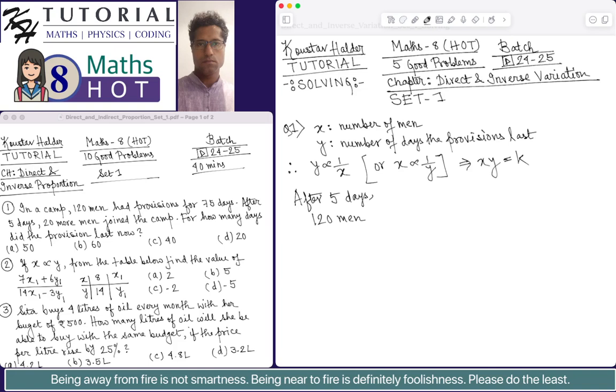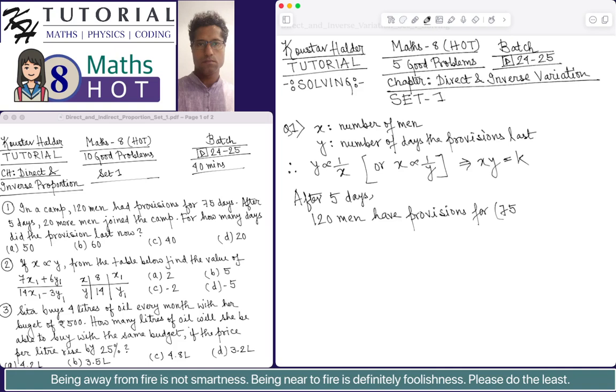So the scenario after 5 days is that 120 men have provisions for 75 days, the total amount of food initially, and after 5 days some amount of food is consumed.